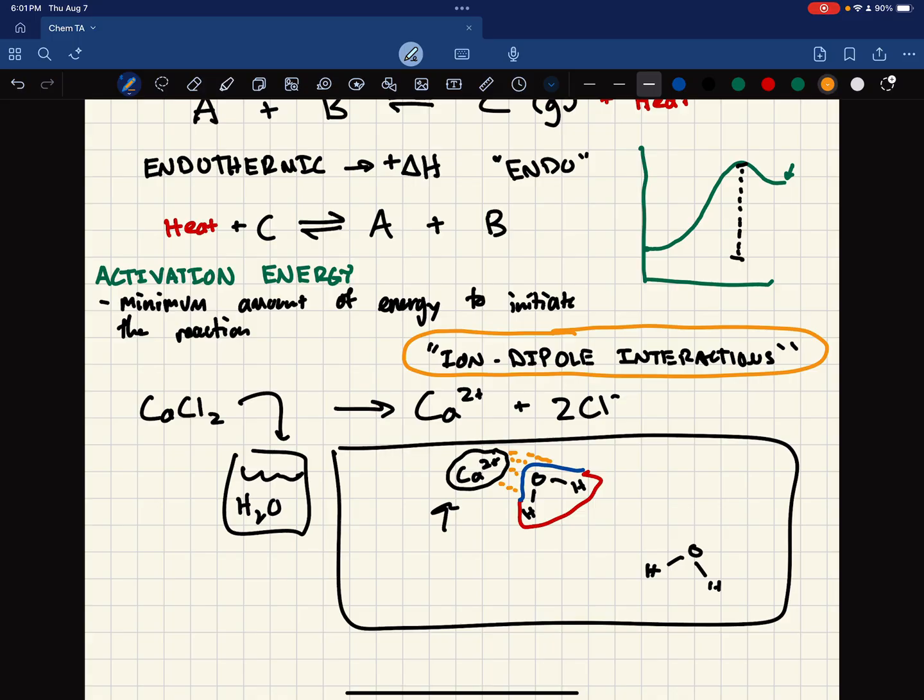So when we put these molecules, CaCl2, into water, it dissociates into ions, and then it releases energy because these interactions are happening with water. The same thing's going to happen down here with the chloride ions, but it's going to be interacting with the positive side of the water, because of course the ion is negatively charged, but it's the same thing.